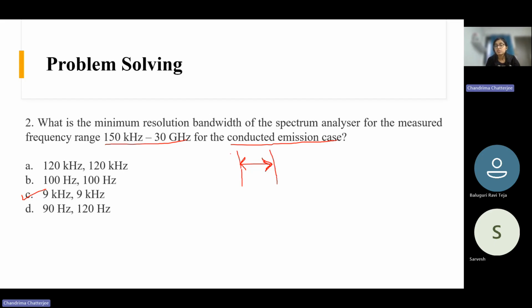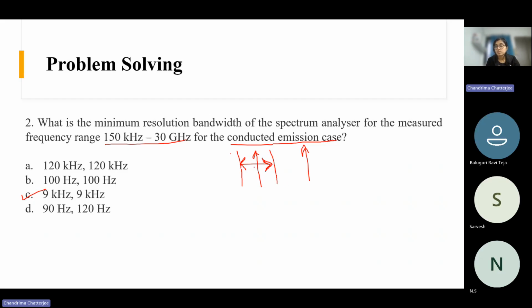So if two components are situated apart from each other and their difference is more than 9 kilohertz, then it will be able to distinguish between them. Otherwise it is not possible. If two components are within this window, it will not be able to differentiate them. Okay, so these are theoretical questions, so you just need to remember.